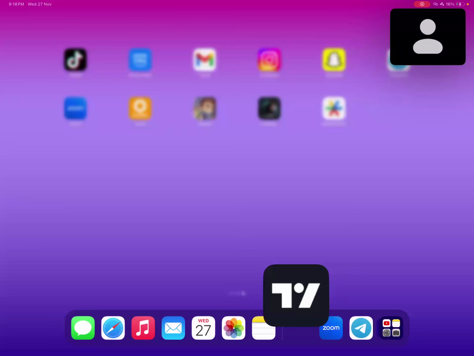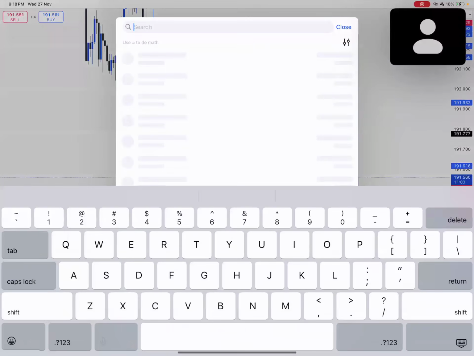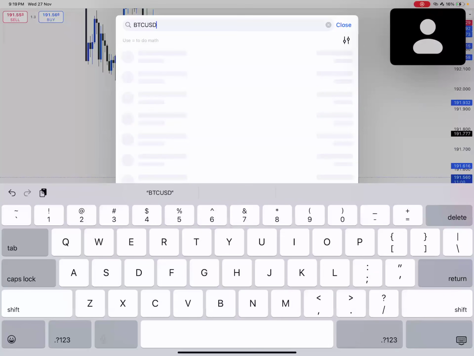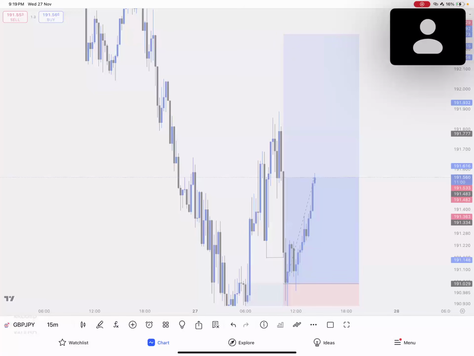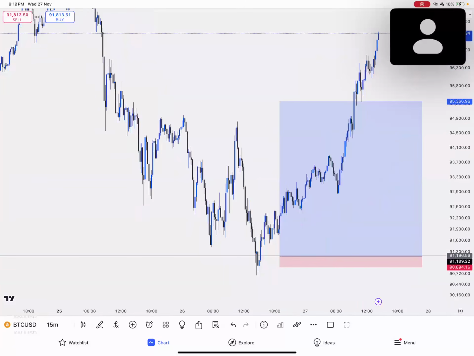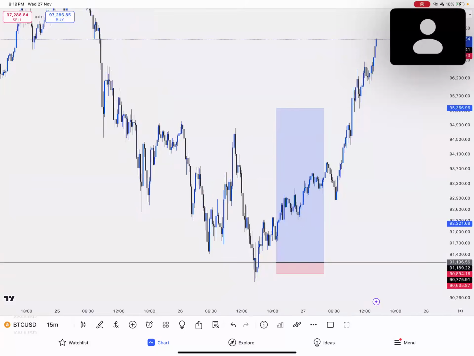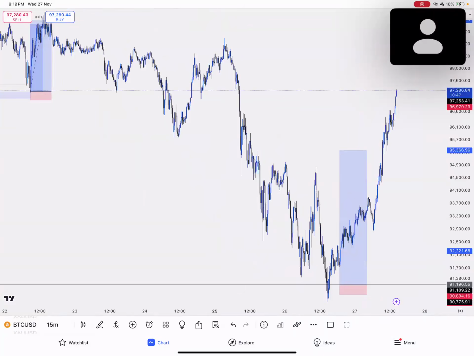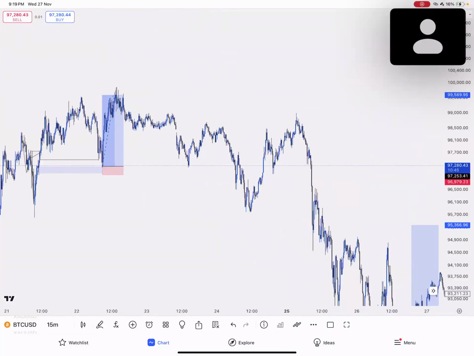That was how I traded BTC yesterday. There was a BTC trade I took yesterday, and I'm trying to look for it.